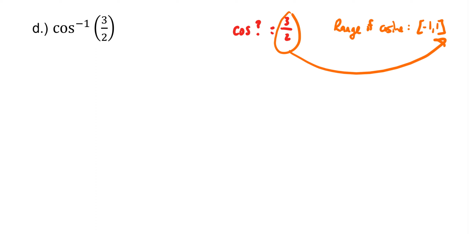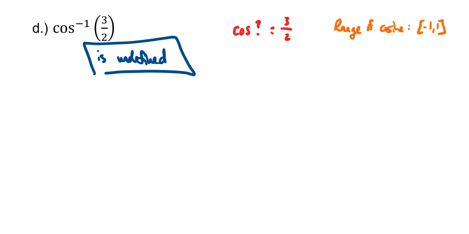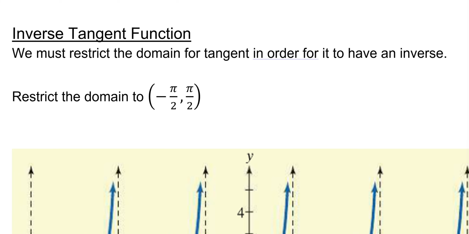Since 3 over 2 is out of the range of cosine, or out of the domain of cosine inverse, this does not exist. Or you can write undefined. Either one of those is completely fine. Once again, if you plug cosine inverse of 3 over 2 into the calculator, you're going to get a domain error, meaning the answer does not exist.